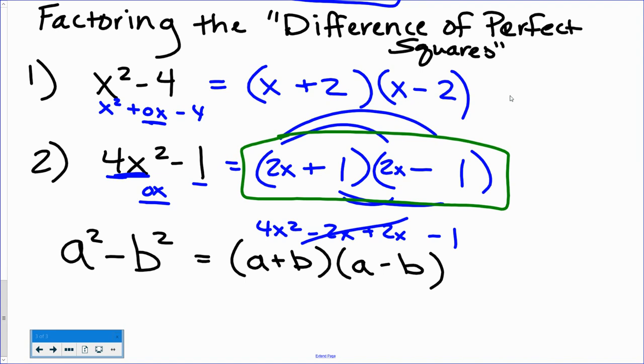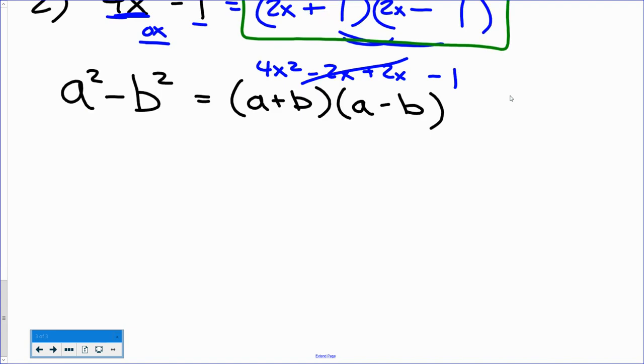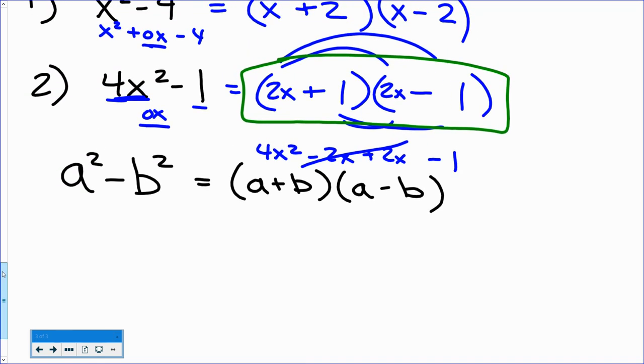All right, we have one more type of factoring problem that we'll take a look at today. There's times, kind of like the one that we just did, right up here, where we have a number or an a value. When I'm talking about a, I'm talking about ax squared plus bx plus c, right? We're still talking about quadratics here.